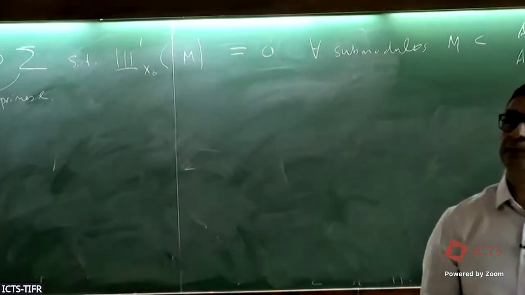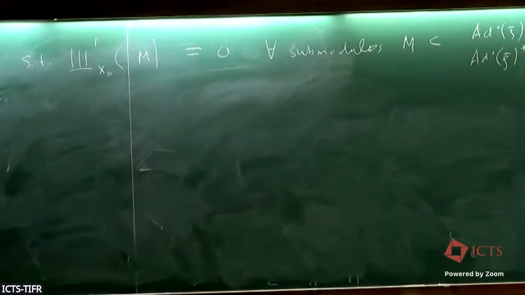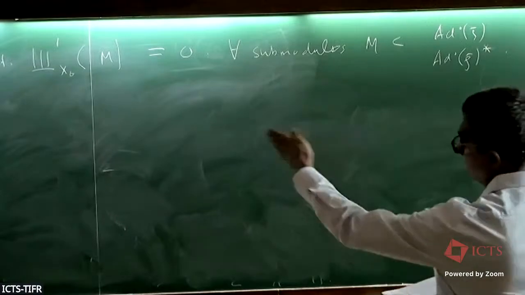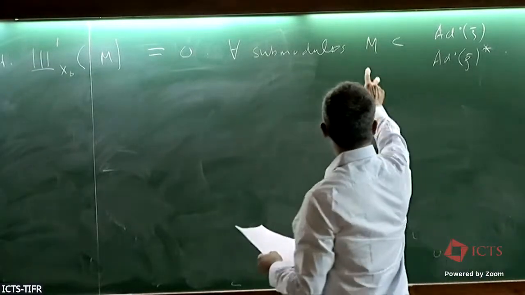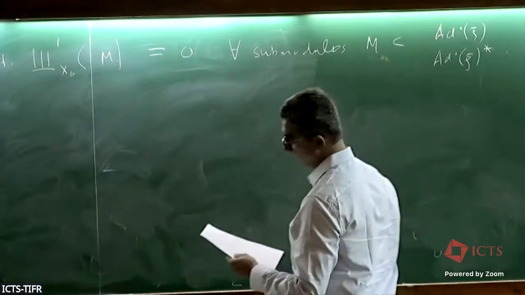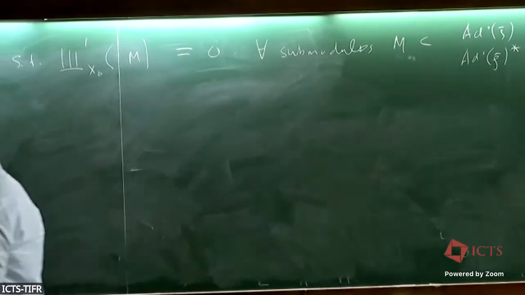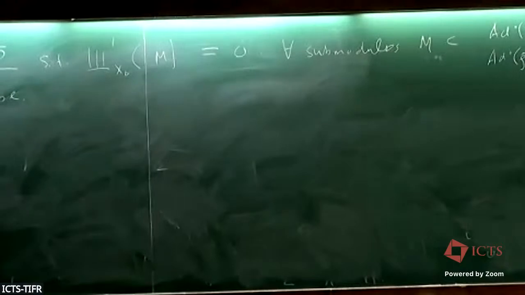Okay, so the first step is that you can enhance the set sigma so that the Sha^1 is 0 for all Galois submodules of these two modules, the adjoint star.